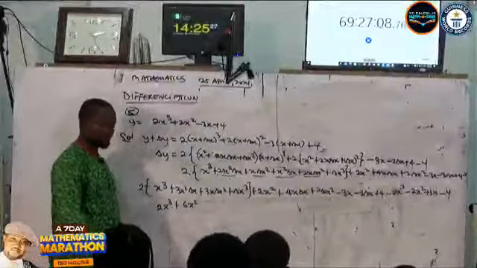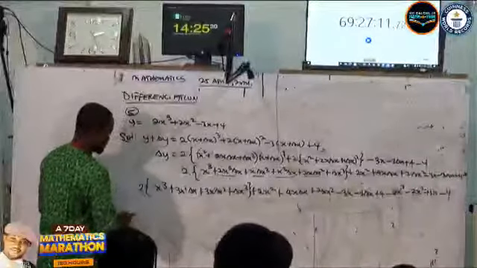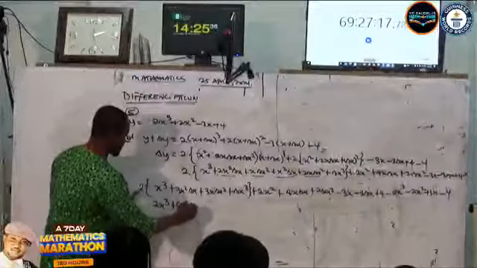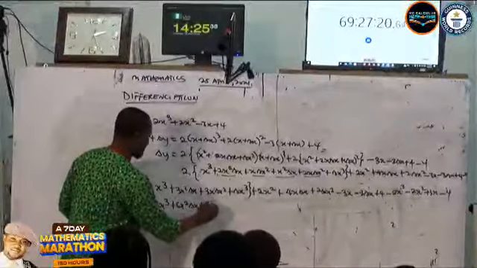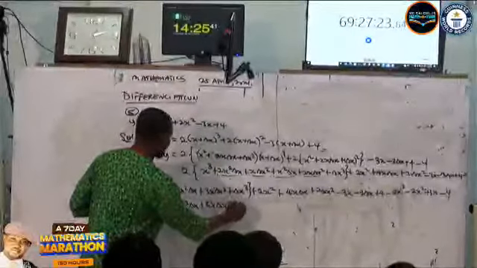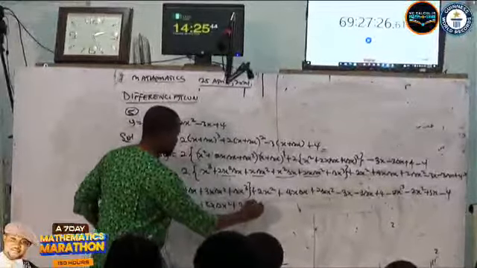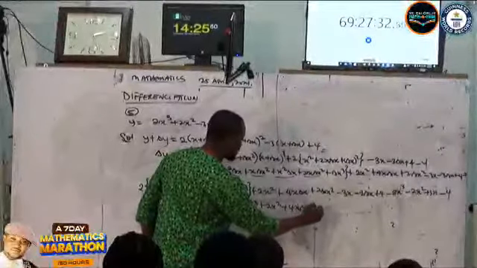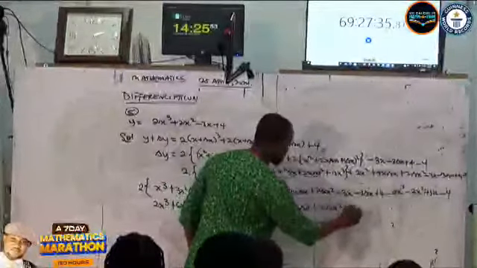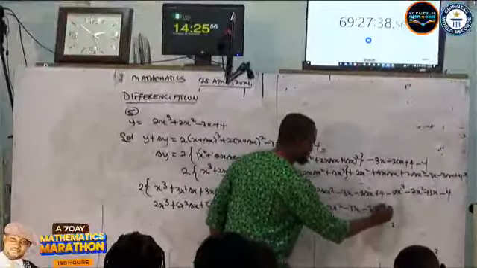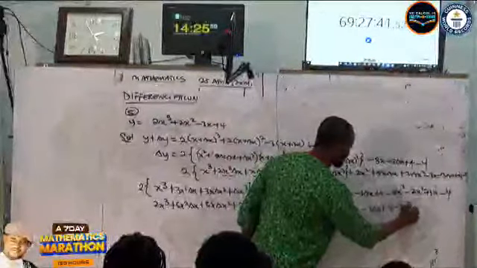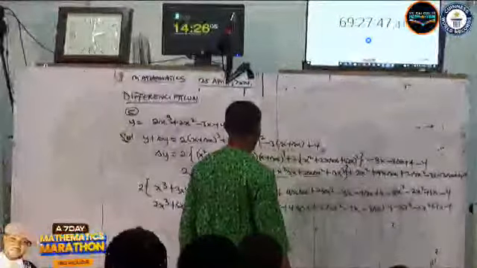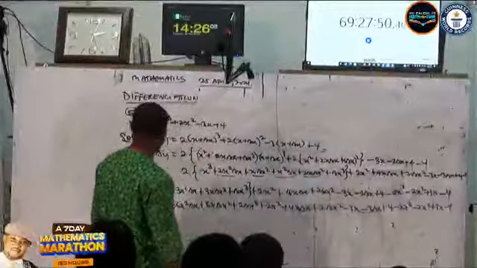Is that correct? So this is 2x cubed plus 6x squared change in x plus 6x change in x squared plus 2 change in x cubed, plus 2x squared plus 4x change in x plus 2 change in x squared minus 3x minus 3 change in x plus 4 minus 2x cubed minus 2x squared. Let's start to cancel something here.